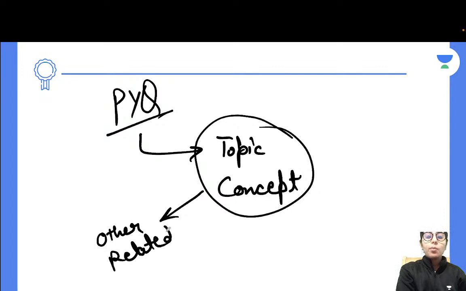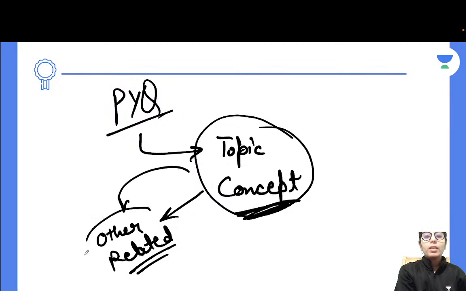Maybe the previous years they asked a question based on this concept, but now they can include something related to it, to modify the question a little bit. To solve that type of question, you have to be ready to relate other concepts and merge them.